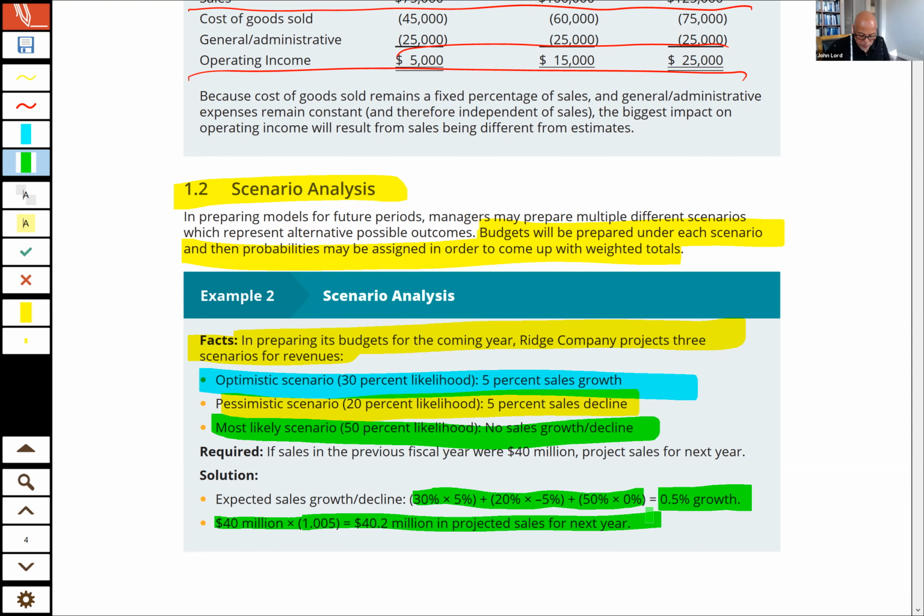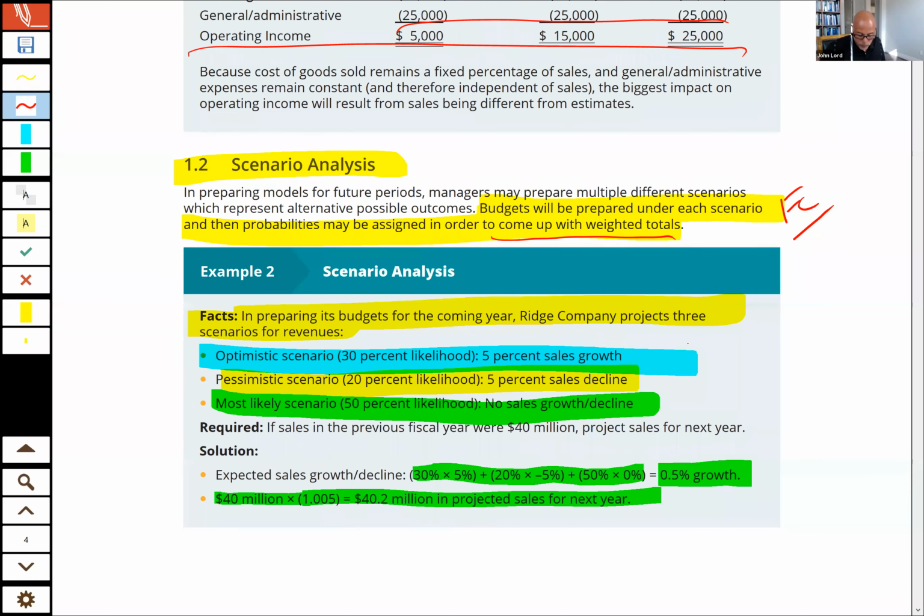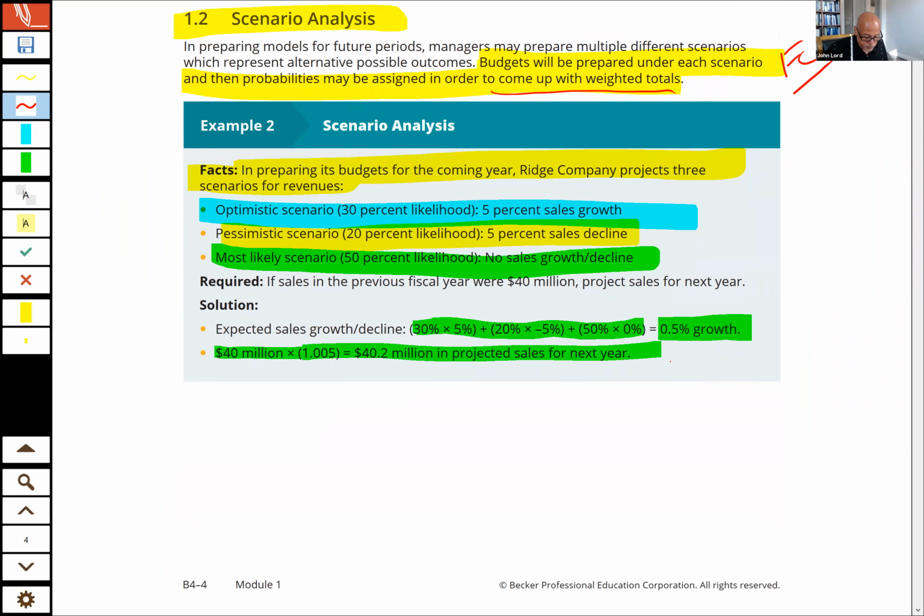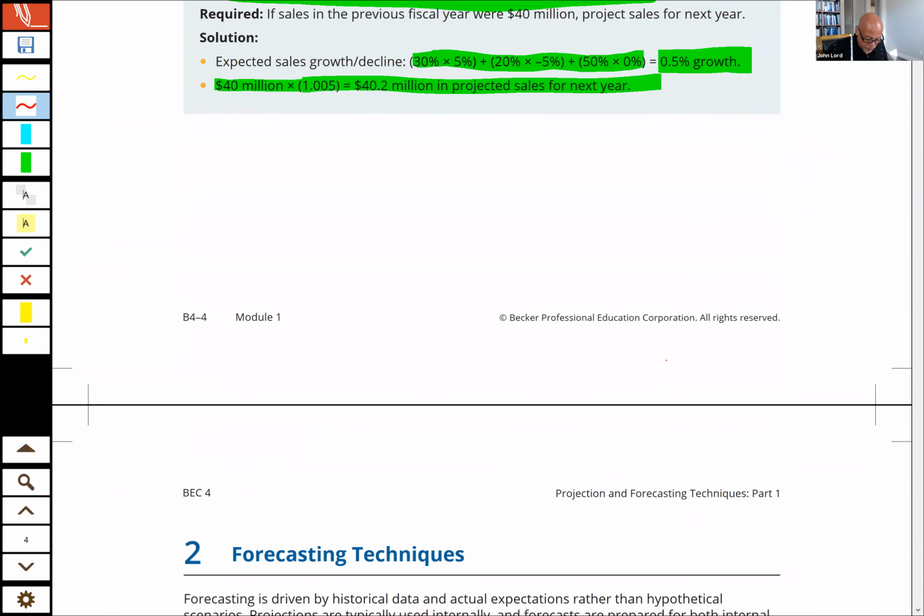That gives us the projected amount, the estimated value of the sales, of 40.2 million. Okay, all right, good. So just go ahead and flashcard what scenario analysis does: we come up with the weighted totals, add those together, apply that to whatever we're looking at, sales, whatever, and then that'll allow us to come up with an expected value.